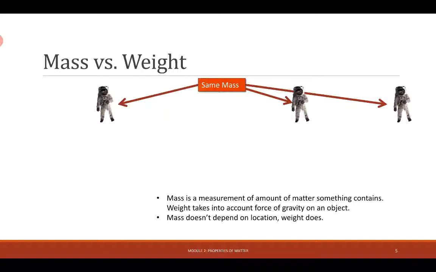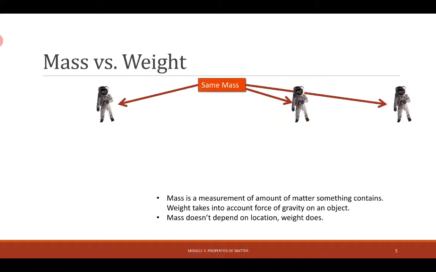Since we said that matter is anything that has mass and occupies volume, we do need to differentiate between mass and weight. If you look at this astronaut here, there's three pictures of the same astronaut. They're exactly the same size. And so this astronaut has the same mass across in each different image.